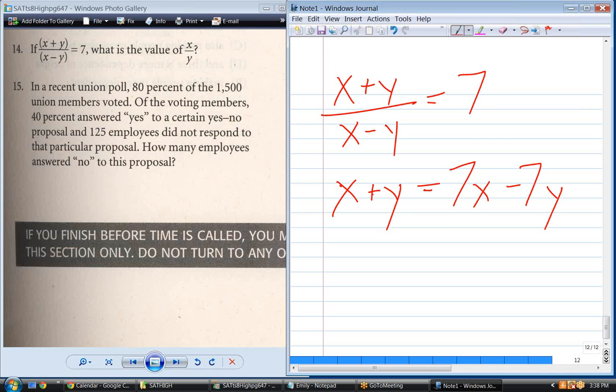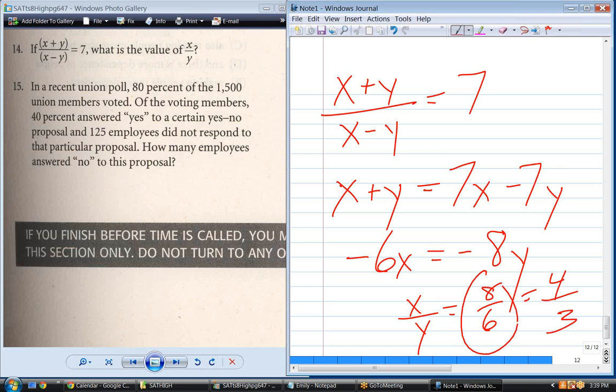Okay, now if we put all the x's on one side, all the y's on the other, we get negative 6x equals negative 8y. Which means x over y is equal to what? 8/6. I'm not sure they would give you credit for that, but I don't think you'd put that down anyway. I think you'd put 4/3 down. Okay.